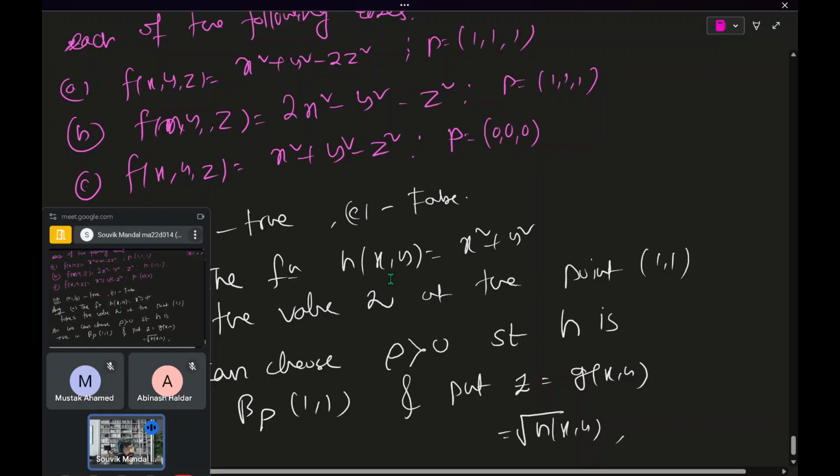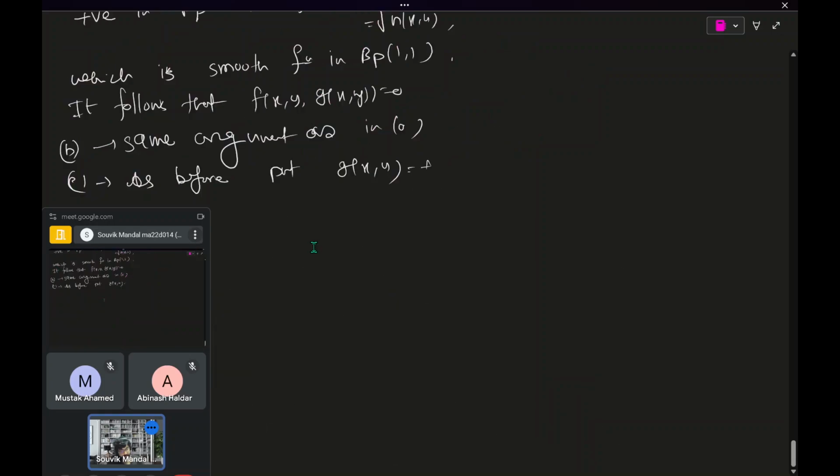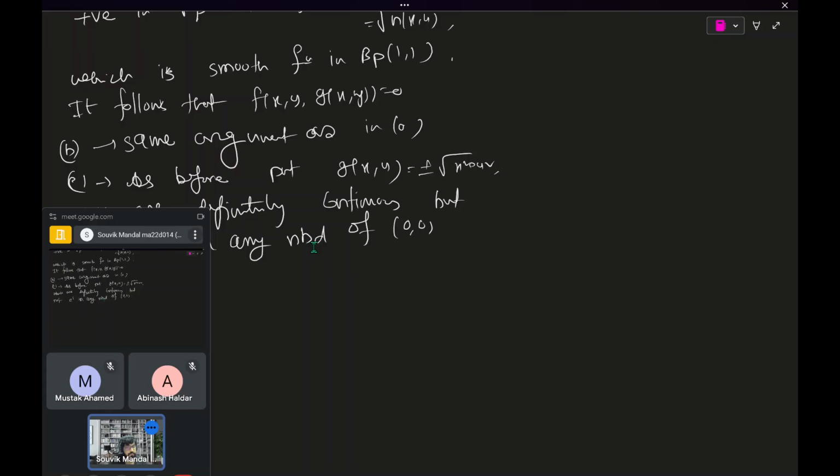The same argument works as in A. And for C, as in the previous assignment, put g(x, y) = plus or minus root over x squared over y squared, which are definitely continuous but of course not C1 in any neighborhood of (0, 0). Okay, so this is the thing.